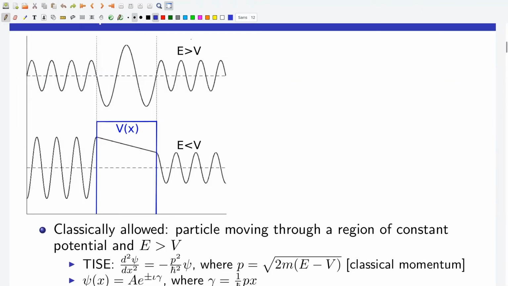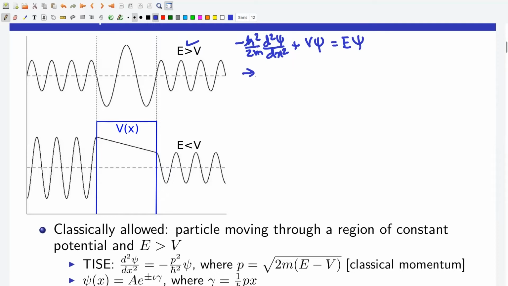First, let us consider a classically allowed case where a particle is moving through a constant potential such that E is greater than V. We write the time-independent Schrodinger equation: minus h cross square by 2m d2 psi dx square plus V psi is equal to E psi.